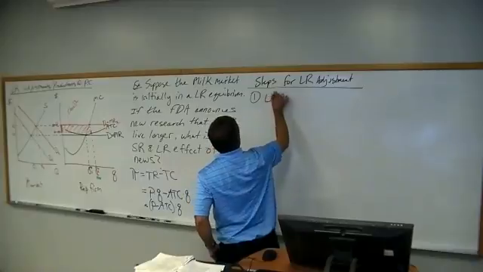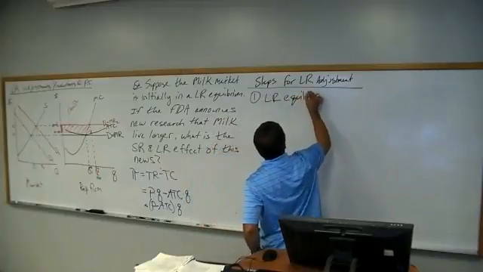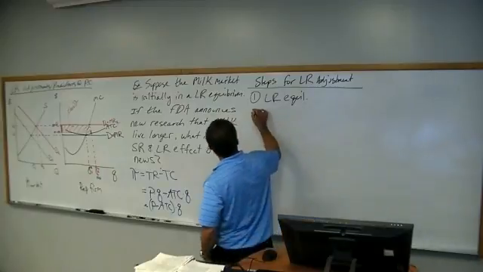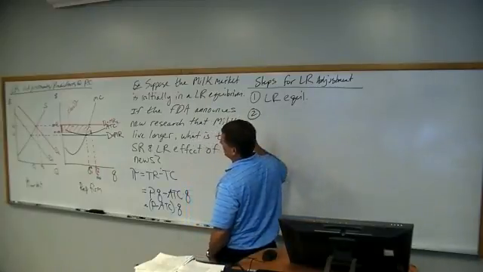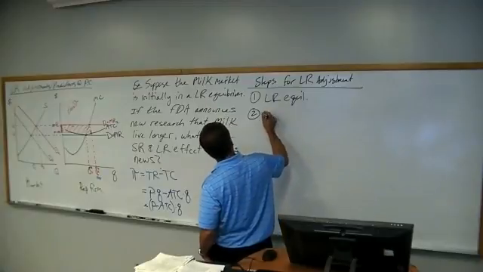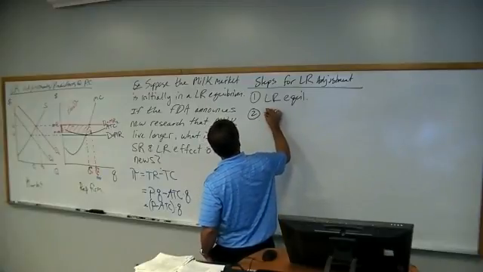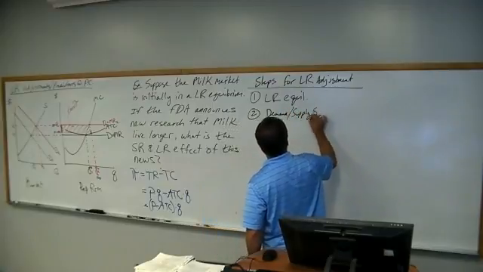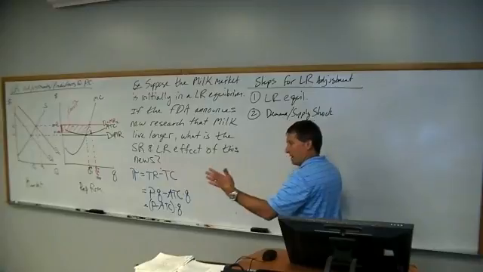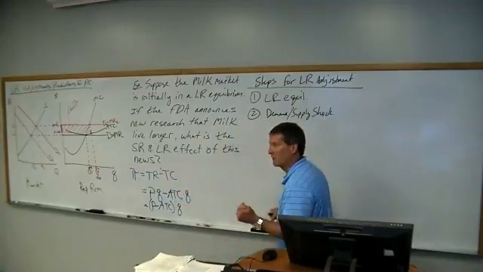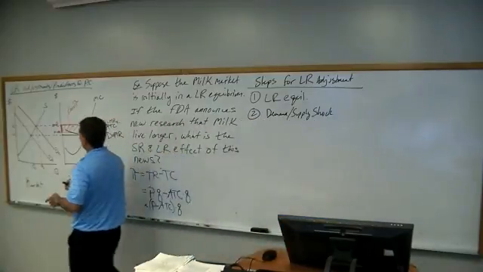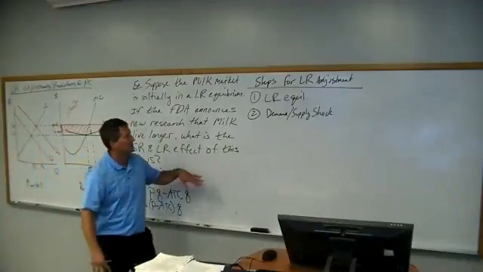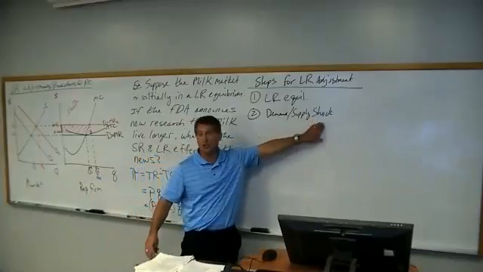Step number 1, long-run equilibrium. That's what we started off with. Step number 2, there was a demand shock. Could be a supply shock, by the way, but some sort of demand or supply shock. That's the shock to the system. All those shifters that we had, other demand shifters, other supply shifters. Something disrupts ceteris paribus, a demand or supply shock.